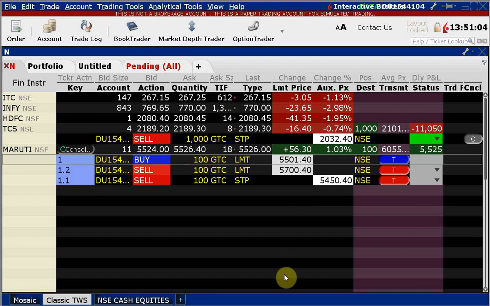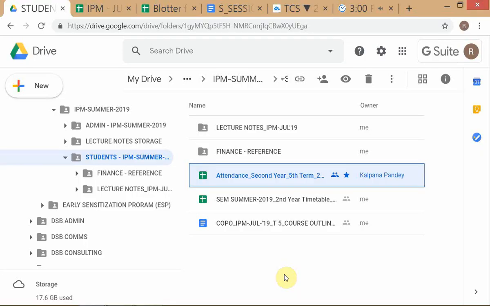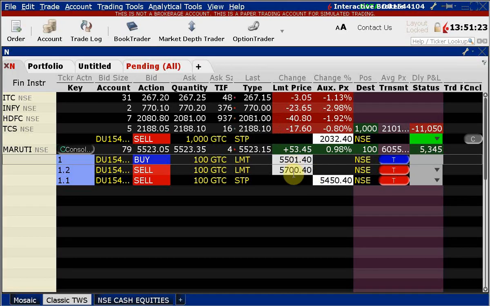Yes, Parul, what is your view? Actually, when it reaches 5700, it will automatically buy on 5501. How can it buy at 5501 when the price is 5700? What Garvit's question is: now the market is 5523, and I placed a buy order at 5501.